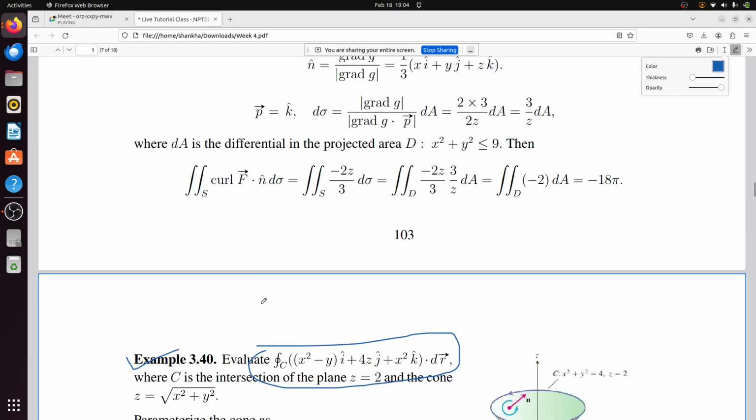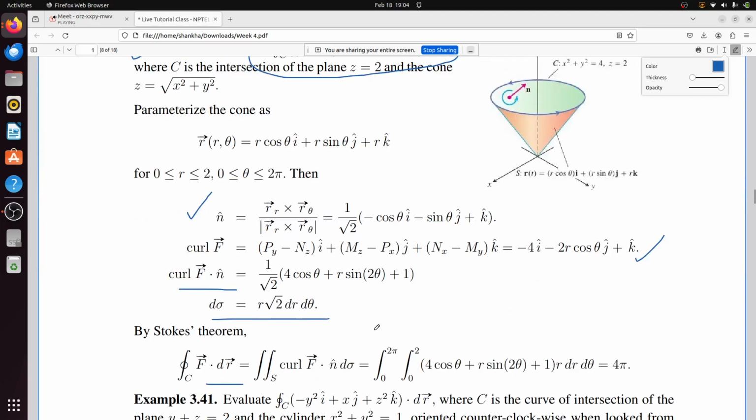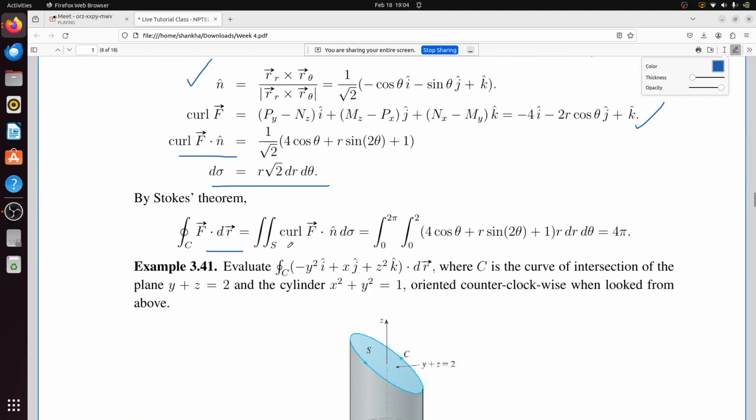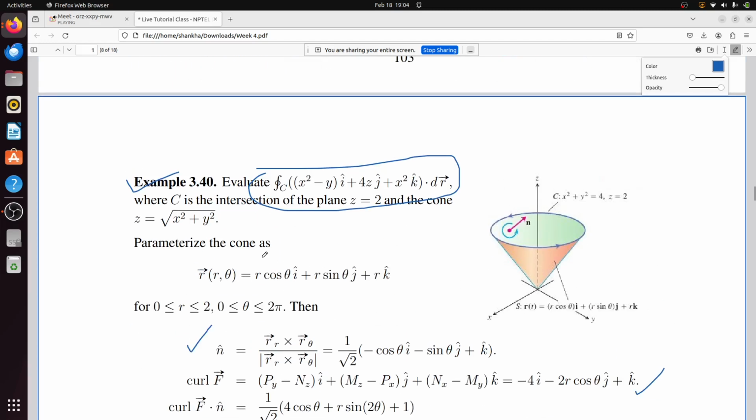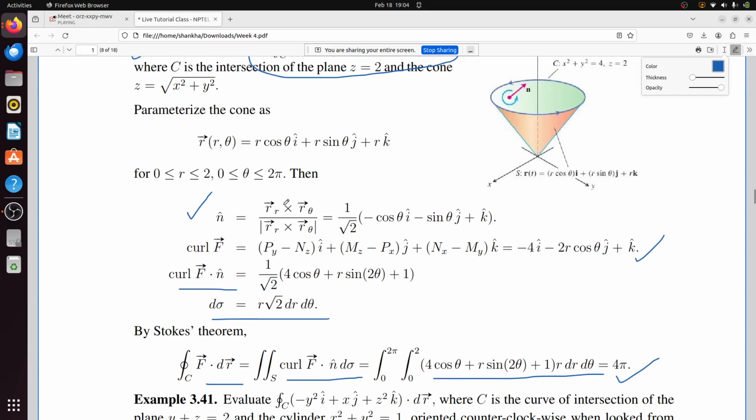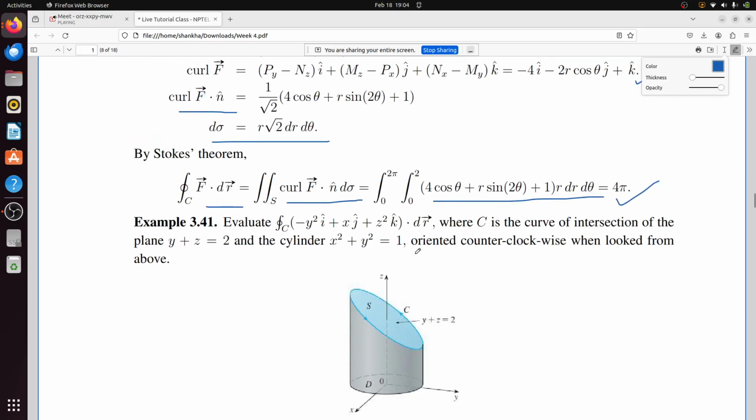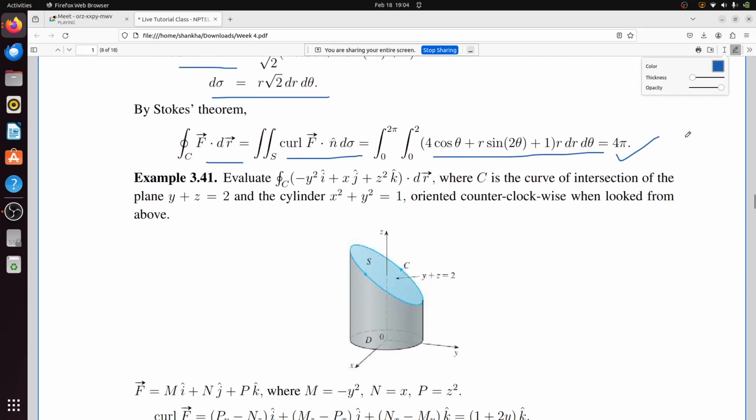So Stokes theorem, you have a line integration form. You convert this line integration into surface integration. You just put it here, you will get the answer to be 4 pi. So that is how this line integration can be converted into surface integration, and that is how you can compute the line integration in terms of surface integration.